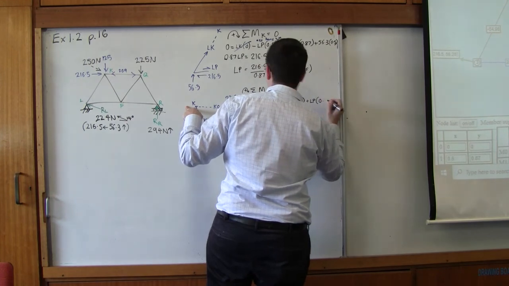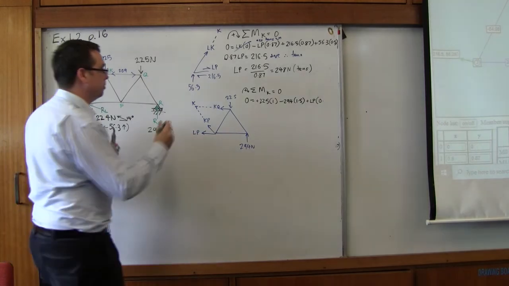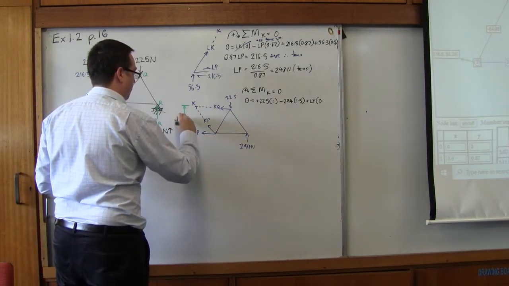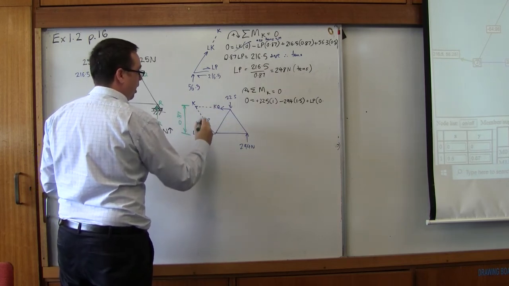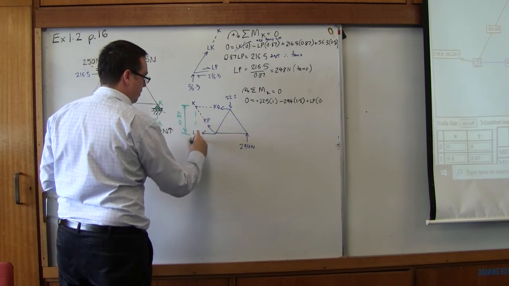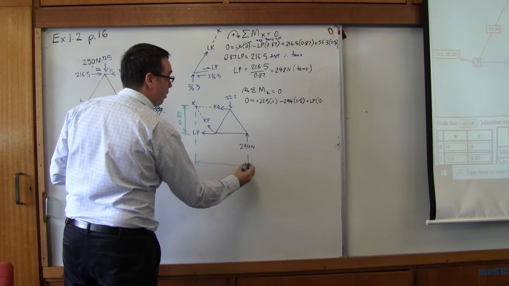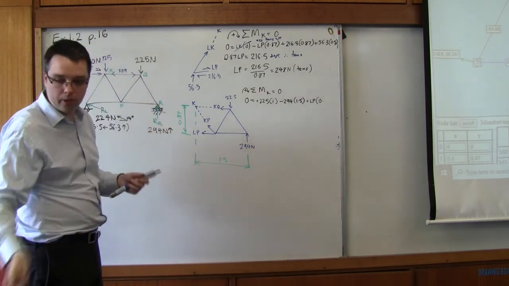Now what is the distance from here to here? 0.87. That's exactly right, thank you. And this distance here is 1.5 triangles, just to help make that a little bit clearer.